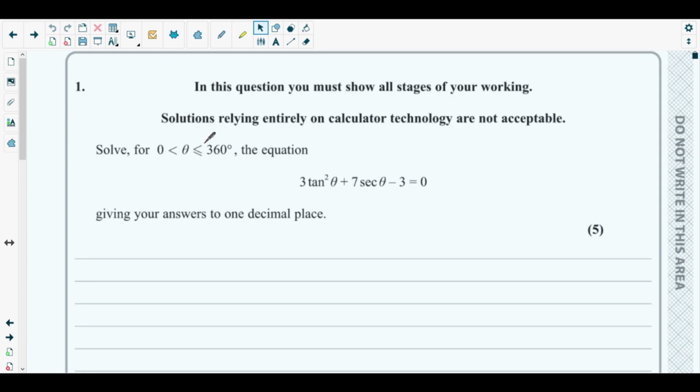Solve for theta greater than 0 and less than or equal to 360 degrees the equation 3 tan squared theta plus 7 sec theta minus 3 equals 0. This is basically a trigonometric equation, and we need to solve it.